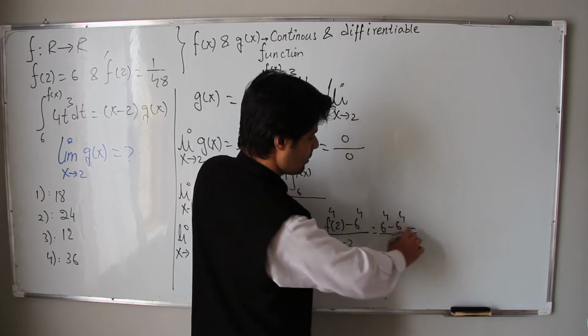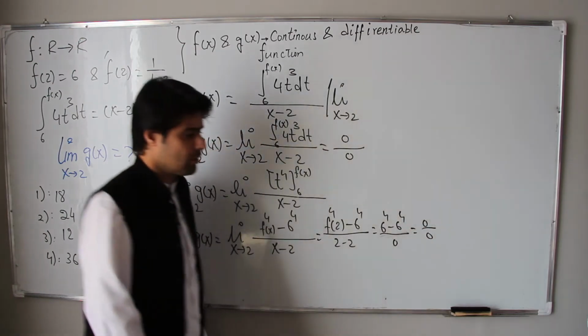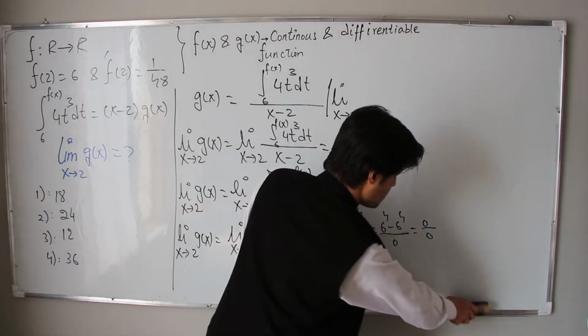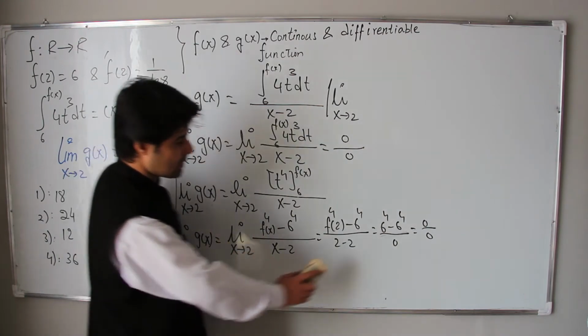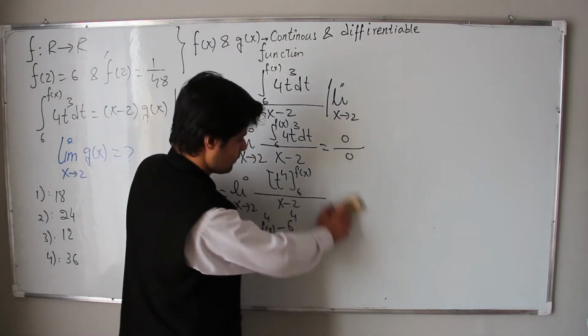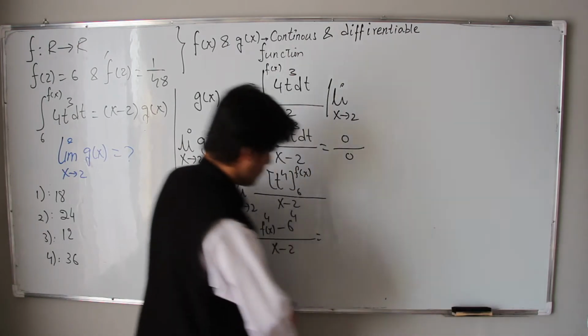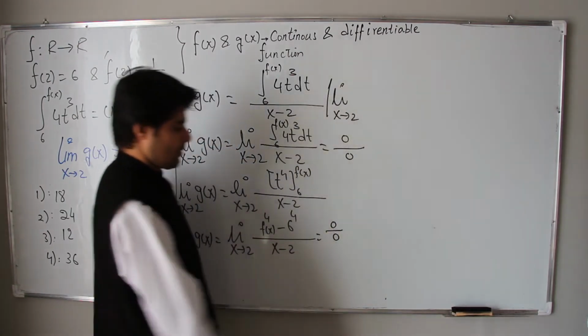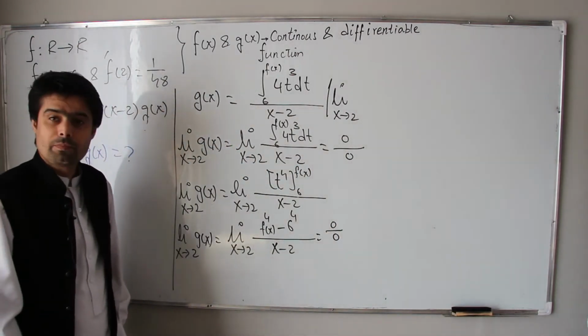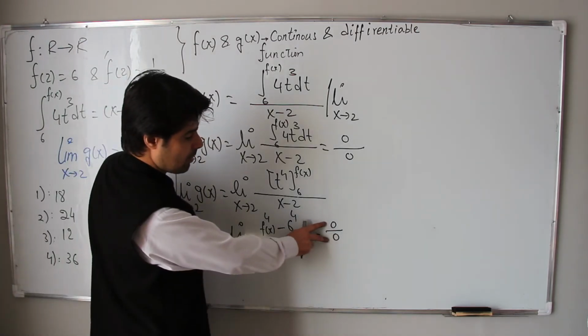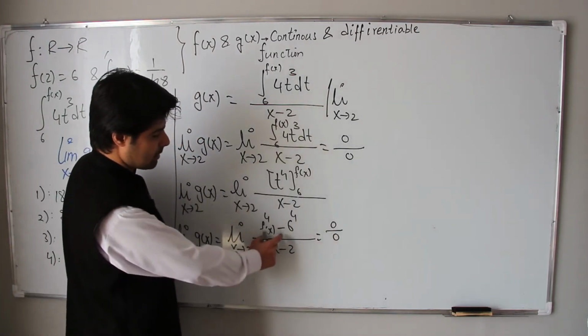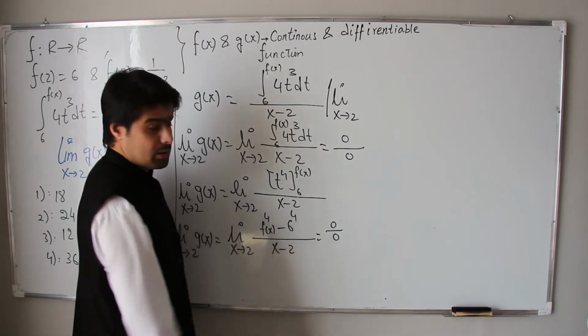In the numerator we have 0, and the denominator is also 0. It means this is 0 upon 0. We have this form, so by L'Hopital's rule we have to take the derivative of the numerator and denominator.